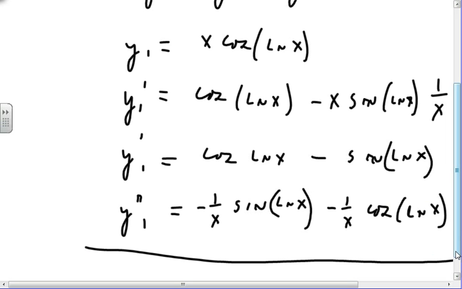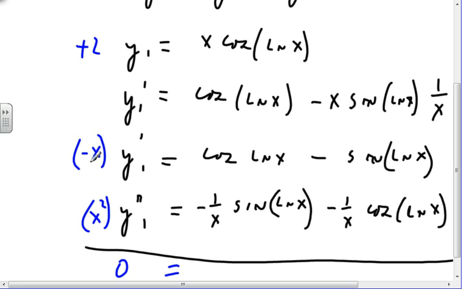Okay, well that looks cool. It says that if I were to take x squared times this guy, minus x times that guy, and plus 2 of this guy, then when I got done I would get 0. Okay, so that's my plan.